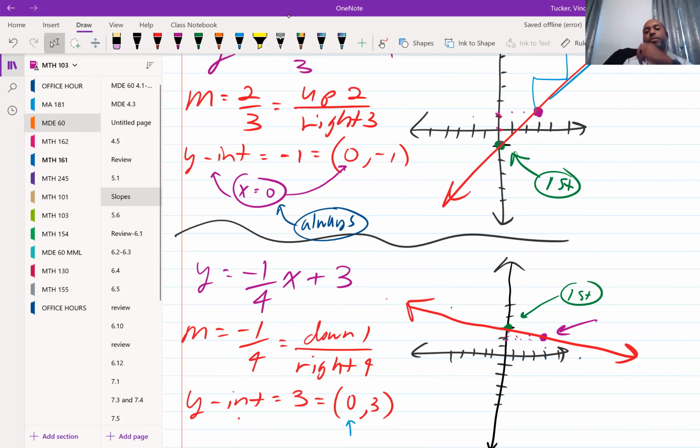All right. So the next one, they give us y equal to -1/4 x plus 3. Oh, 1 second. Hold on 1 second, guys.